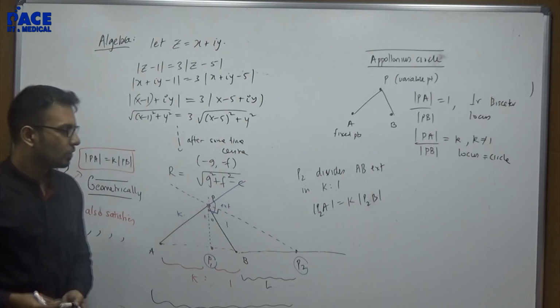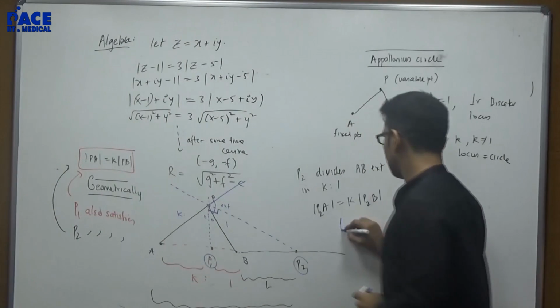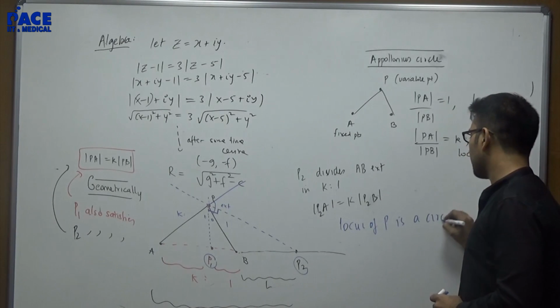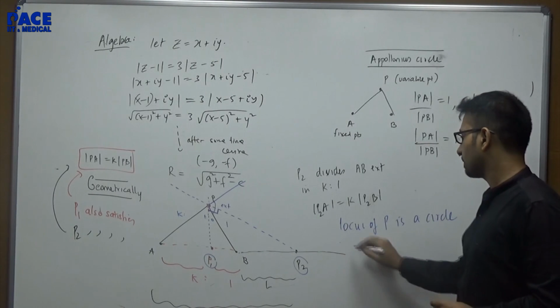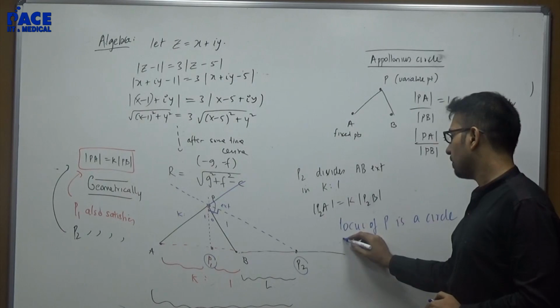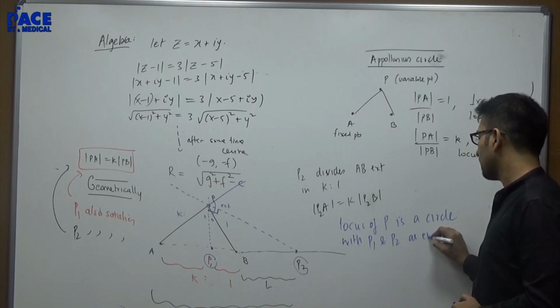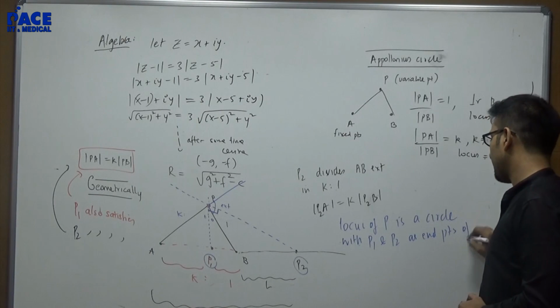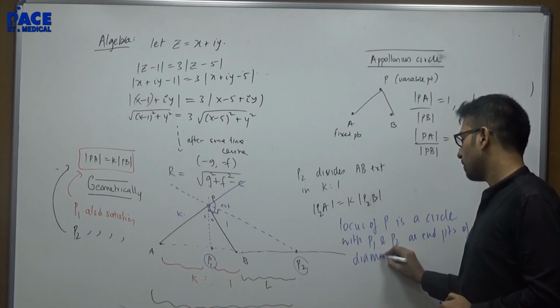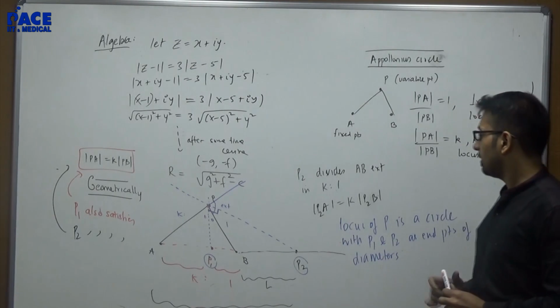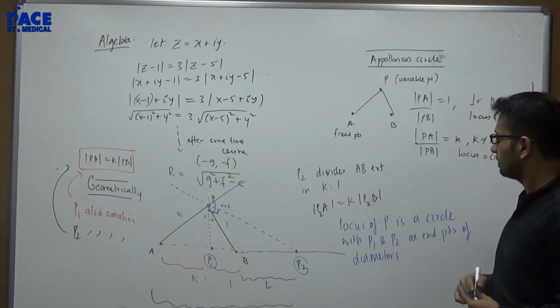Is that clear? So, this is a little heavy. Locus of P is a circle with P1 and P2 as endpoints of the diameter. Is this clear? I will write angle bisector.